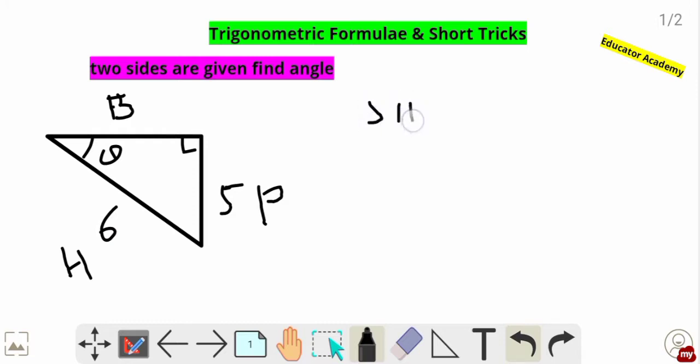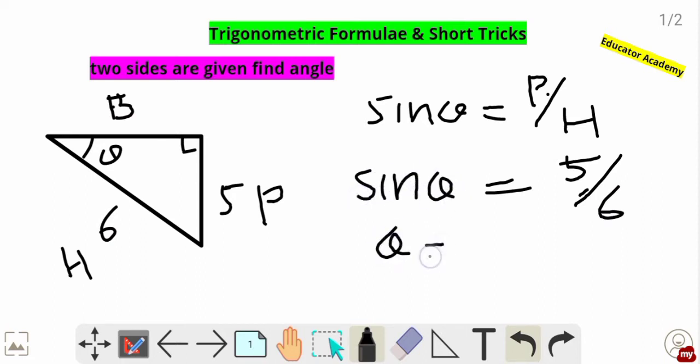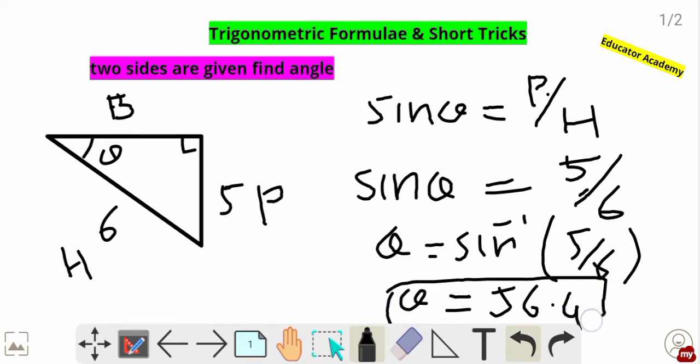So sine theta is equal to perpendicular divided by hypotenuse. The perpendicular which is given is 5, divided by the hypotenuse which is given as 6. So sine theta is equal to 5 by 6, and theta is equal to sine inverse 5 by 6, which is 56.4. So guys, this is our right answer.